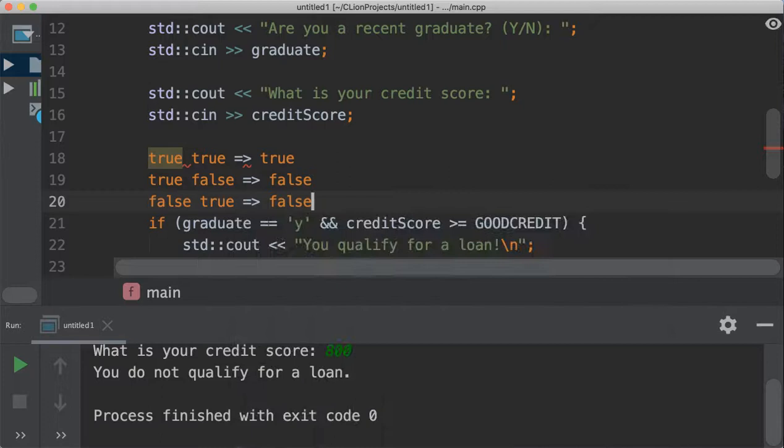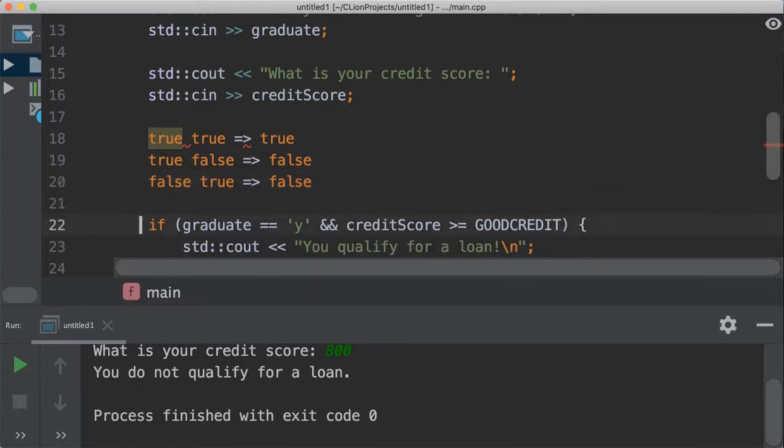So you can kind of see what's going on here. This is the truth table: test 1, test 2, and then the answer to the equation. So test this. Is this true? It is. Okay. Test this. Is it true? It is. Therefore, the whole thing is true. Test this. You put in a no. It's false. Test this. Is it true? No. Or yes. Doesn't really matter, because either way, once I get one false, I'm done.